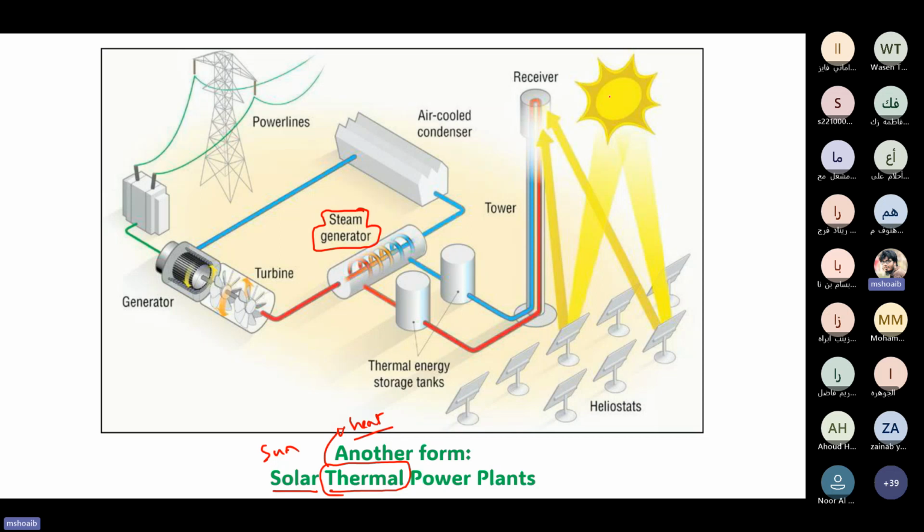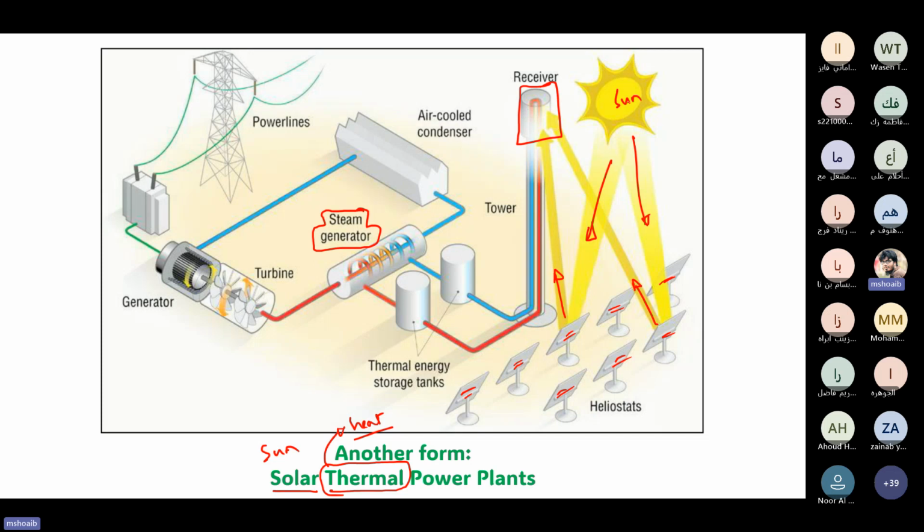How? Look at it. This is your sun. So we use some solar panels. Look at the solar panels over here. All these solar panels are having the sunlight coming on them, but they are placed in such a way that they are all reflecting this sunlight to a particular point, a receiver.